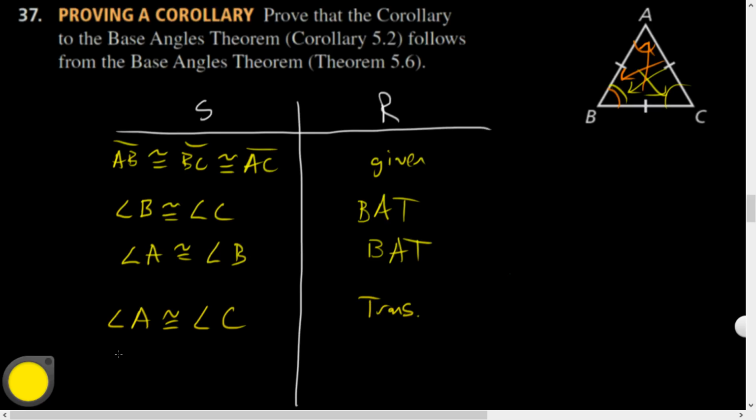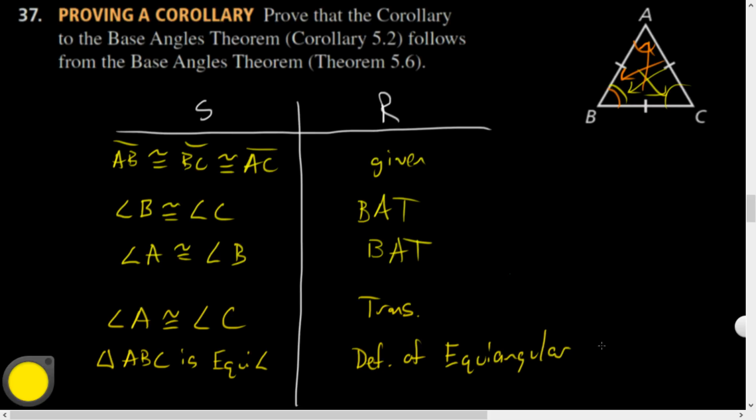Then triangle ABC is equiangular, by definition of an equiangular triangle. Bam, so there you go.